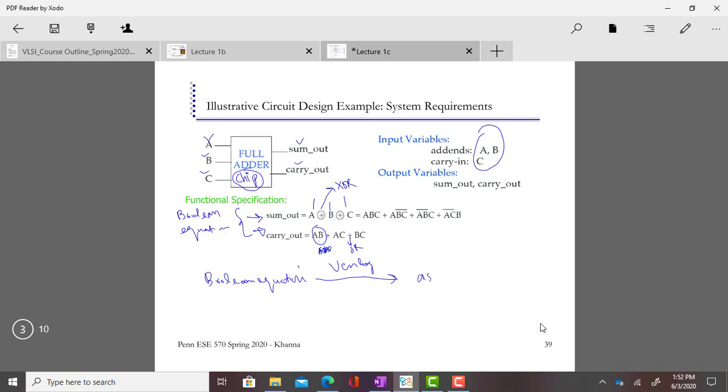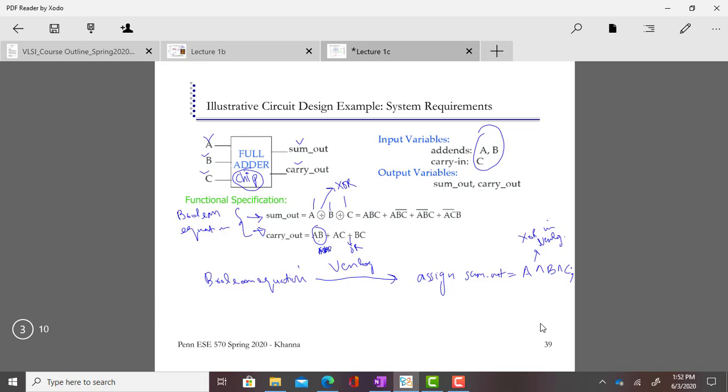So we may say assign sum_out is equal to A XOR B XOR C. This is XOR in Verilog.